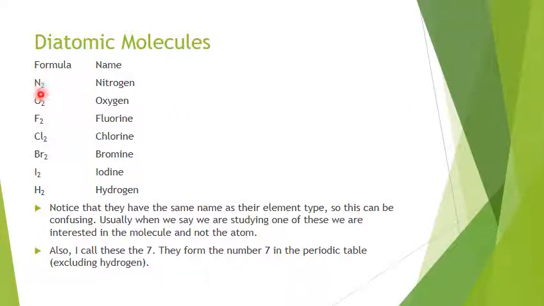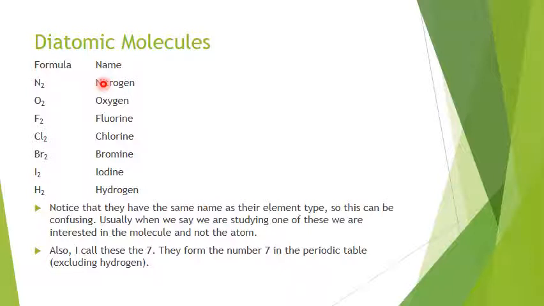So there's N2, O2, F2, Cl2, Br2, I2, and H2. Their names, the formula and the name, I'll probably switch that in a second here. The names of these are the same as the element, which can be a little confusing. If I said, get me some nitrogen, do you mean N2 or N?